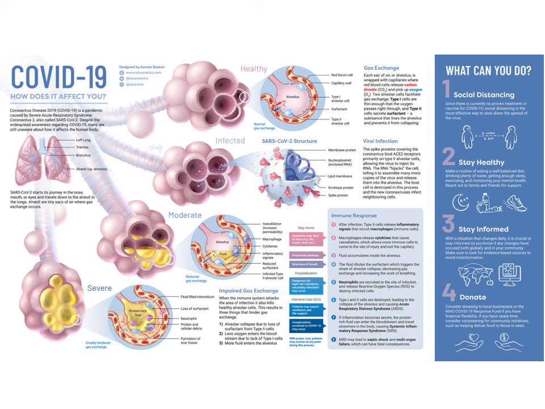If enough alveoli collapse, a patient has to be placed on a ventilator for breathing assistance. Both acute respiratory distress syndrome, or ARDS, and high altitude pulmonary edema, or HAPE, are being investigated as causes.